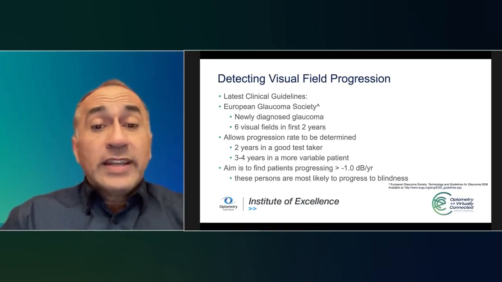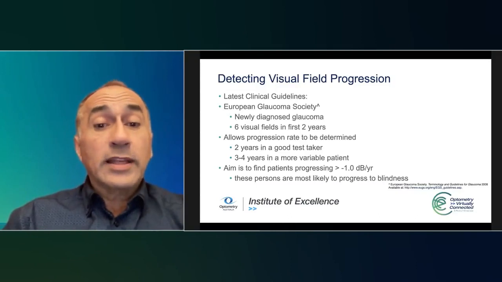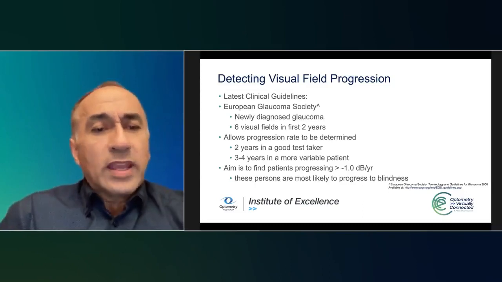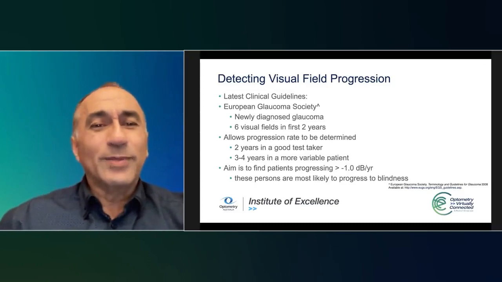The aim of progression analysis is to find patients that are losing more than 1 decibel a year, because those patients are the most likely ones to be rapid or catastrophic progressors and then go on to becoming blind. The ones that aren't progressing much, they can stay under your care for the rest of their life and they're not going to run into too many problems.